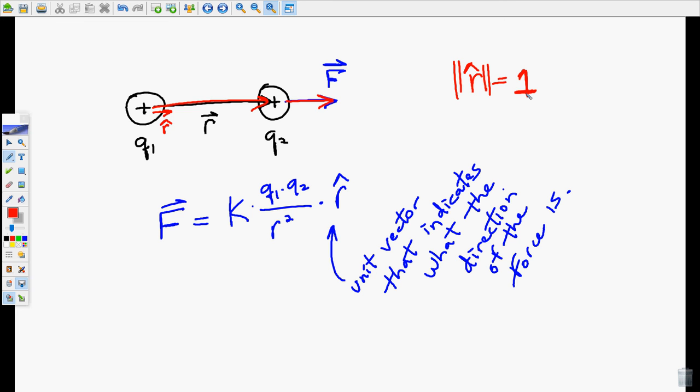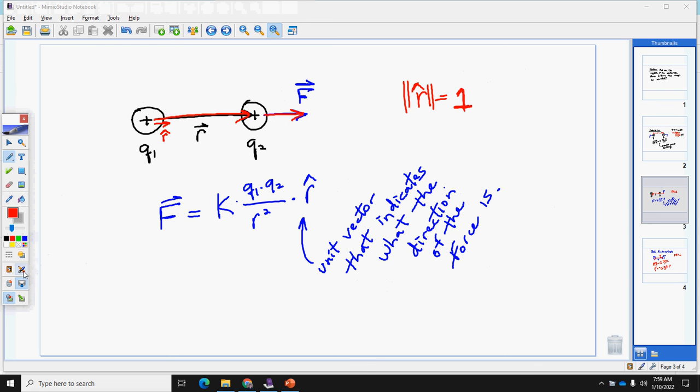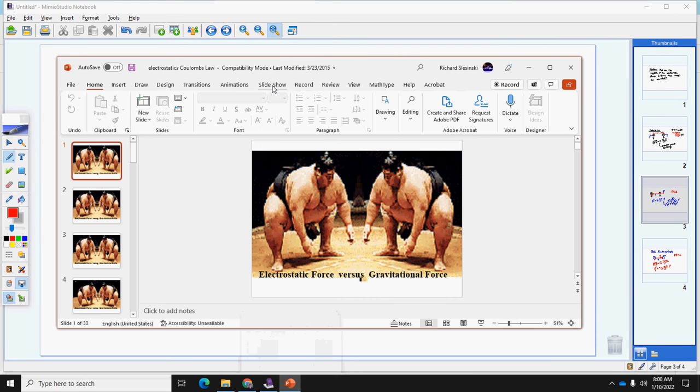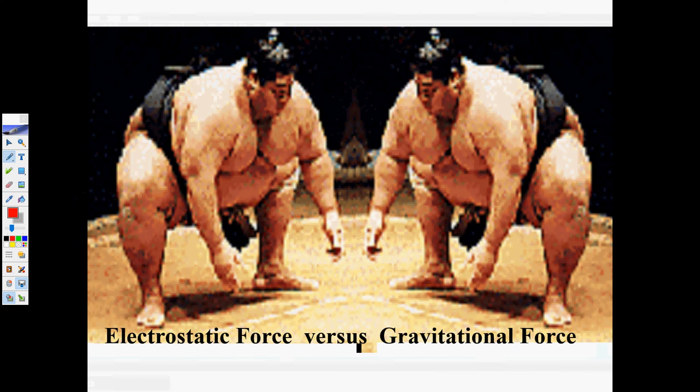So you can see there's this huge similarity between Coulomb's electrostatic force and Newton's gravitational force. So the question is, which force is stronger? So I want to show you a little scenario. So let me open up this little PowerPoint that'll help you memorize this.